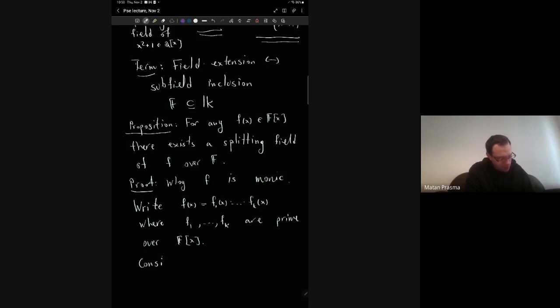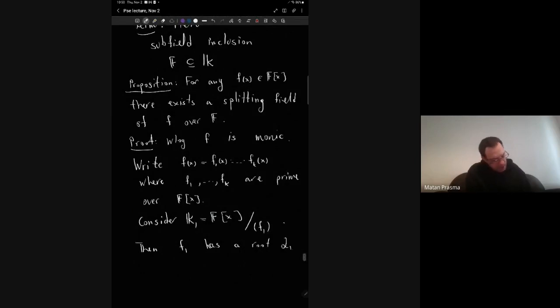Now I consider F[x] modulo f1. This I call K1. Then f1 has a root, let's say alpha 1, in K1.